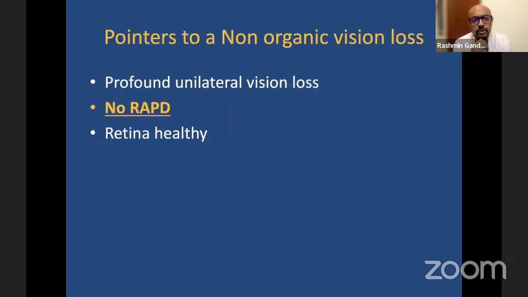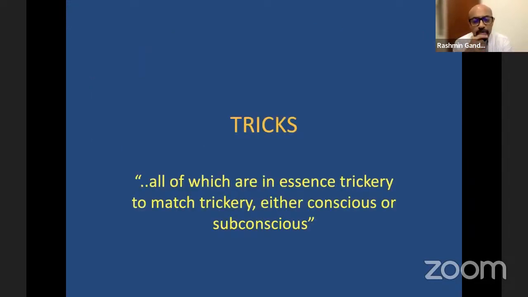So pointers to a non-organic vision loss in somebody who has a unilateral blindness would be absence of RAPD with no ocular cause for loss of vision. We resort to tricks. Basically, we are trying to trick somebody who is trying to trick us.